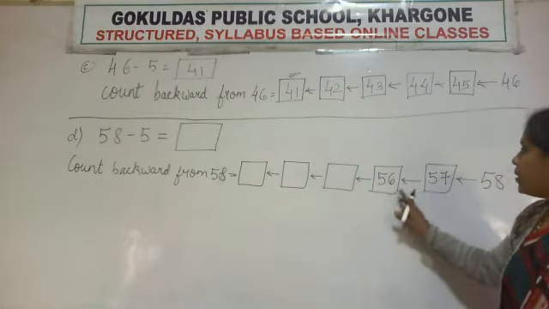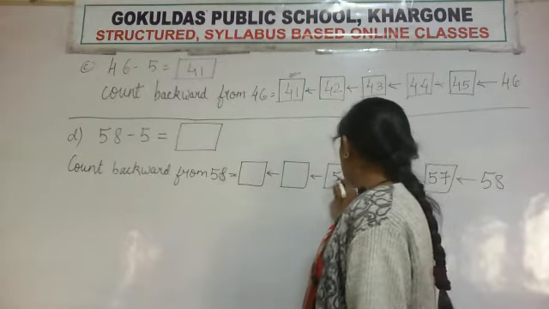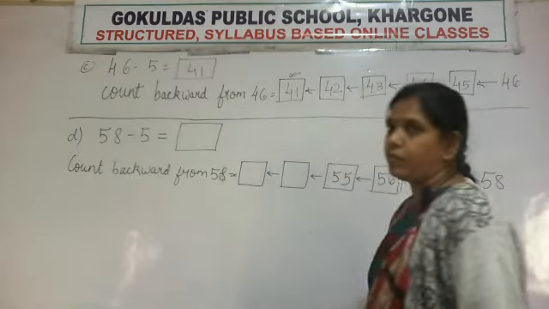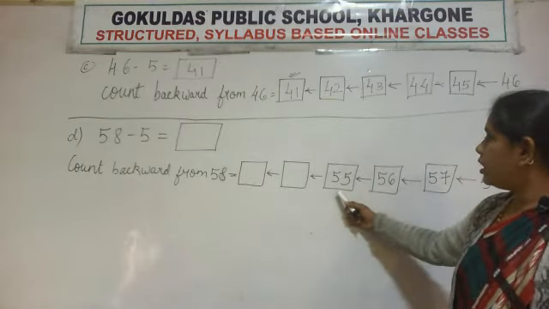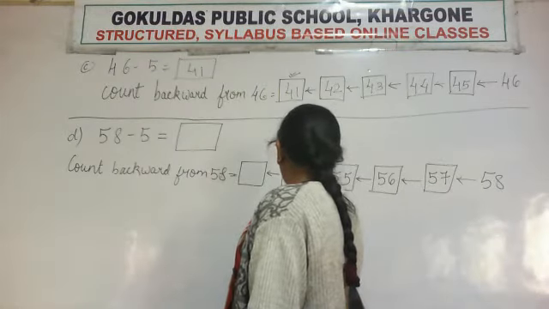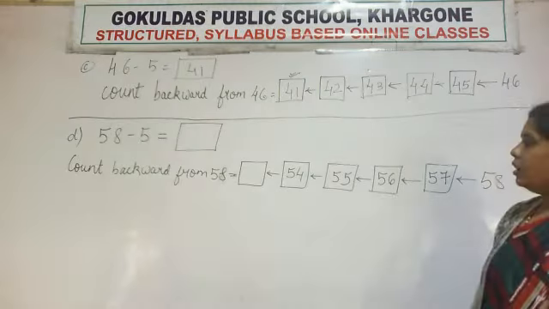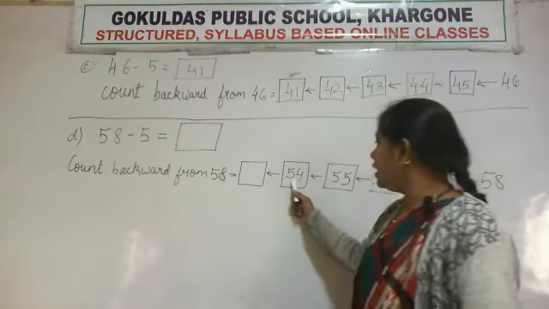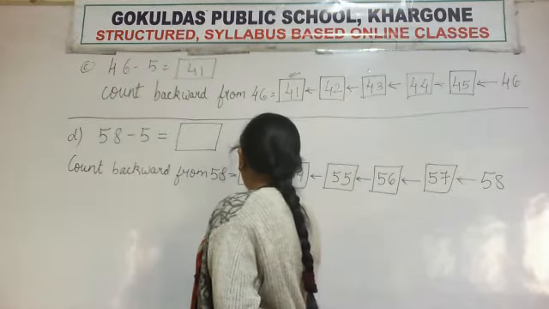Now again, which number will come before 56? 55. So write here 55. Now one more box is here. So the number that comes before 55 will be 54. So write here 54. Now the last box, the before number of 54 is 53.